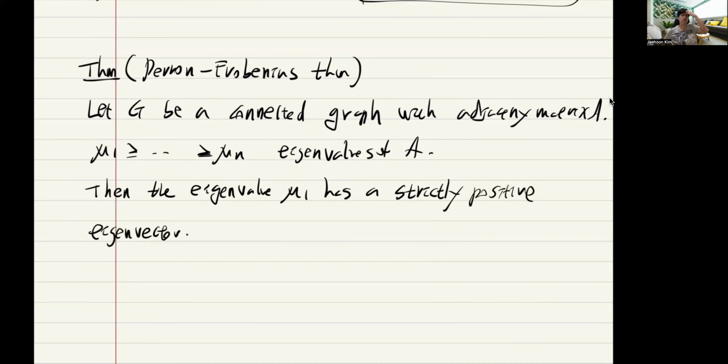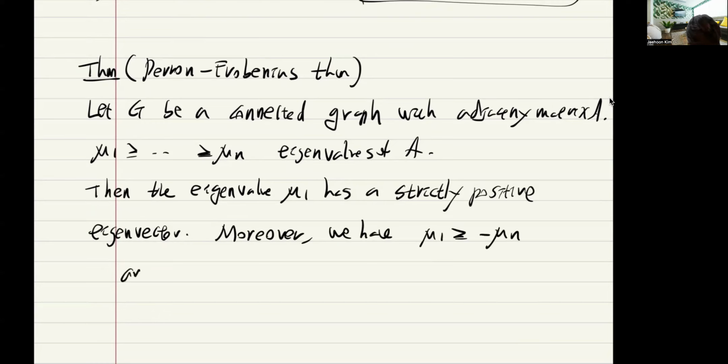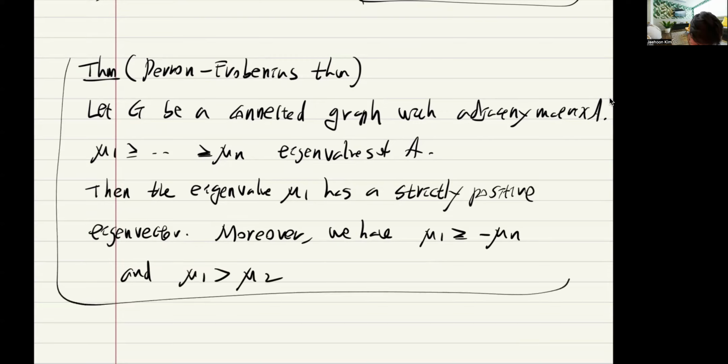So the eigenvector corresponding to the largest eigenvalue mu1, every entry of it is positive. Moreover, we have mu1 is at least negative mu n, and mu1 is strictly bigger than mu2.